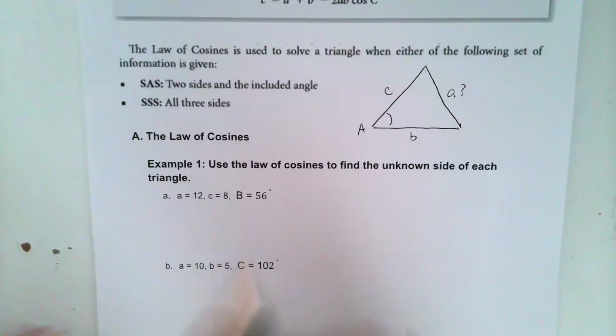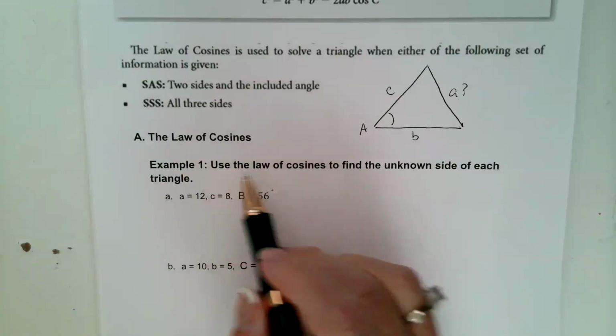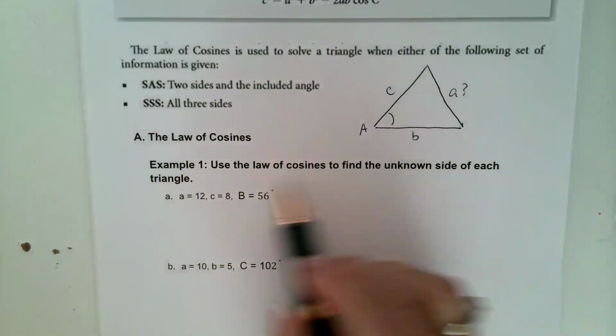Example 1 says, use the law of cosines to find the unknown side of each triangle.